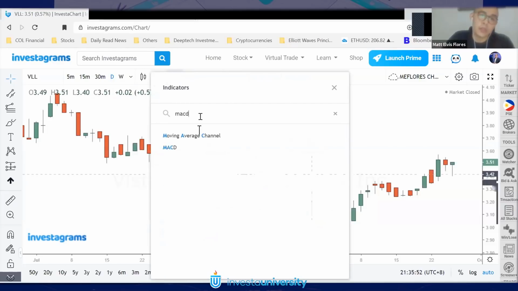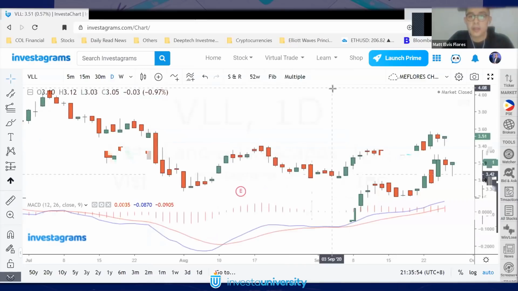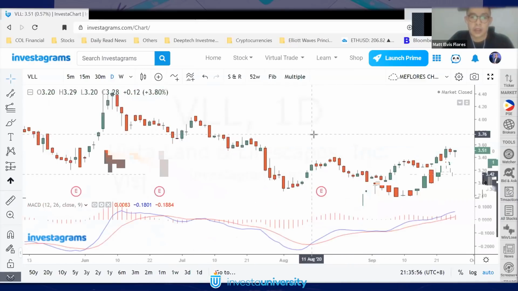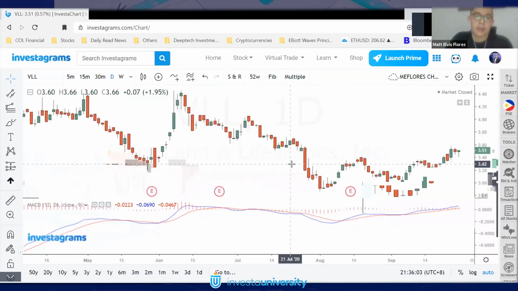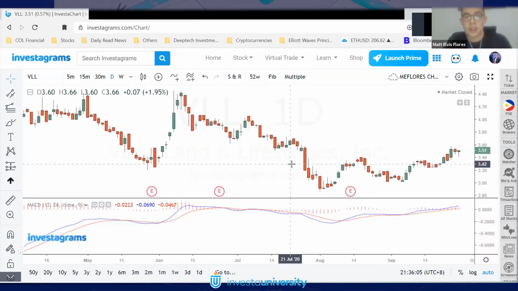So you just need to put MACD. Okay, so I hope everyone can now see my screen. So again, just to note, we will not use MACD for lower time frame, okay?